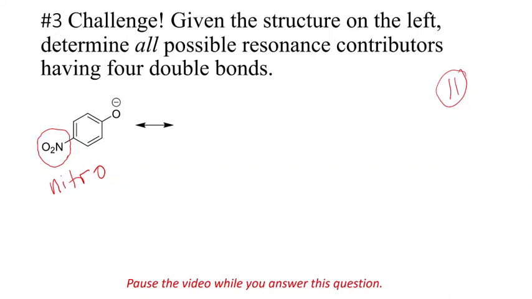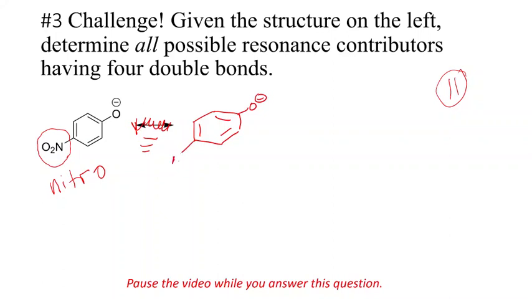Okay, we're back. Now, one word of caution here. We actually cannot do anything with these resonance contributors until we lay out the entire structure without any abbreviations like O2N. So really what we need to do is draw this again and consider what we actually have.